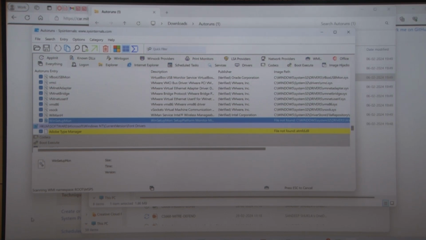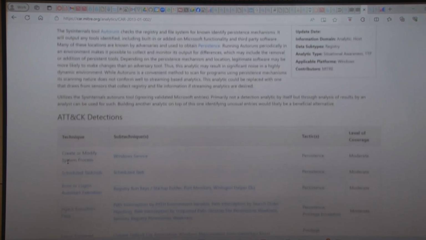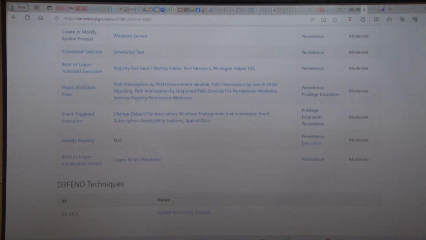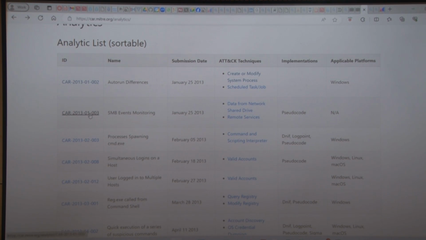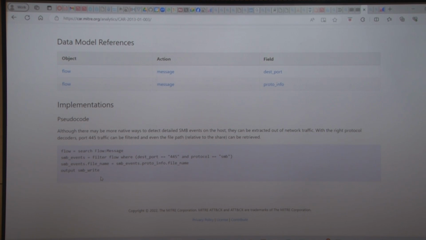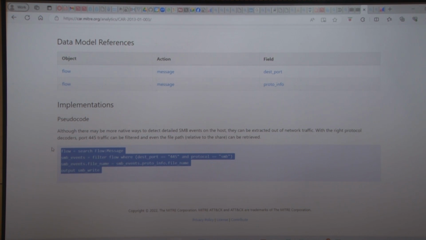But the point here is that, for example, if you want to know whether there are SMB events. SMB is the protocol that is used for communication. So I want to know whether there are some SMB events. Here, what they are giving is a Zeek script for detecting whether something is happening at port 445, where the SMB protocol runs, right?